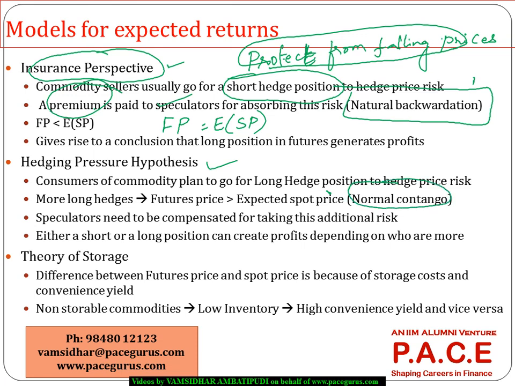which means the futures price should be greater than the expected spot price, which could result in a normal contango kind of position. Depending on whether it is the producers who want to hedge themselves against falling prices or the consumers who want to protect themselves from rising prices, out of these two sets of people, depending on who are more in number in the futures market, the market will follow either a normal backwardation or a normal contango process.